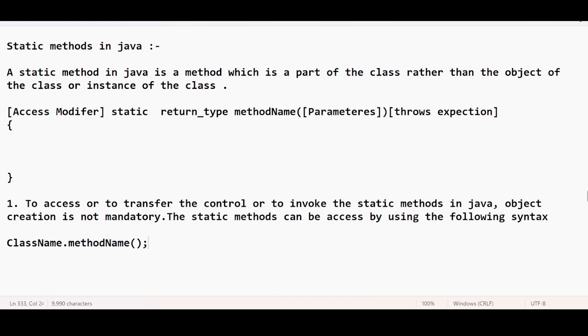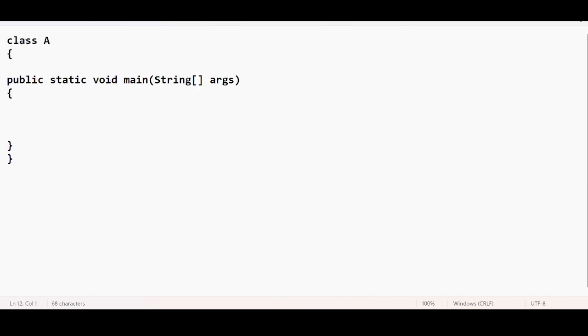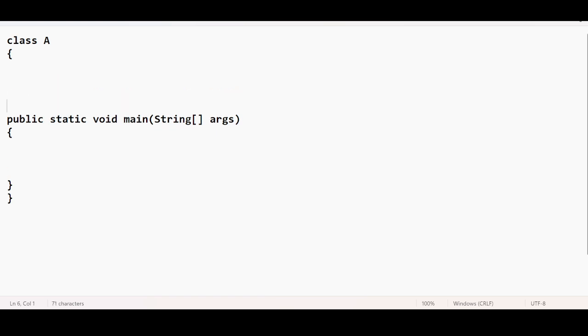The control will be transferred to that particular method, or that method will be invoked, or you are accessing that method. Let us follow this rule and see if you are able to transfer the control to a static method or not. This is our common syntax, class A, so a main method is there.